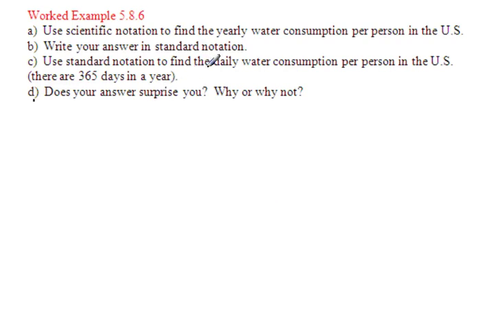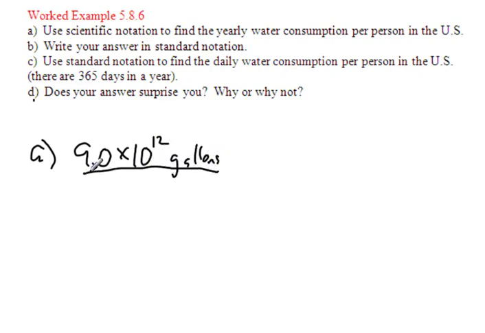Use scientific notation to find the yearly water consumption per person in the U.S. We're going to use our answer from the previous exercise, which said the total gallons was 9.0 times 10 to the 12th. And the total number of people was 3.0 times 10 to the 8th.